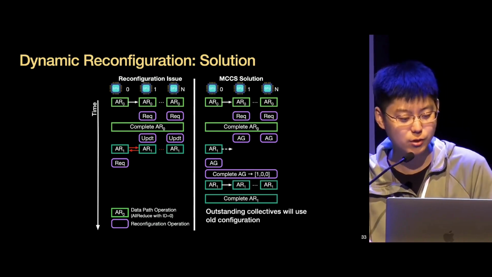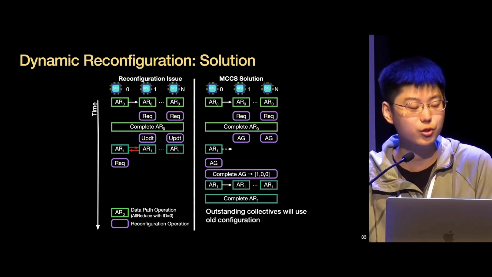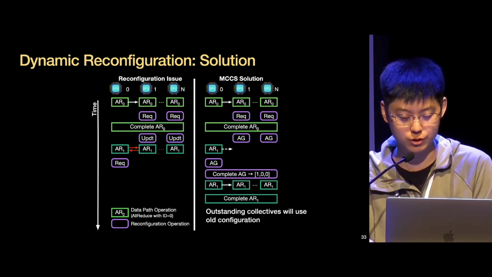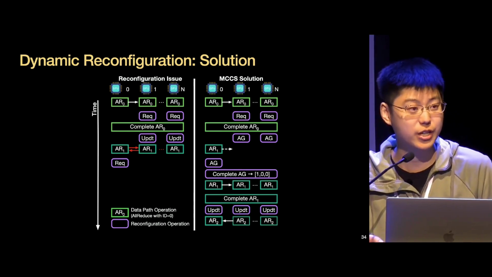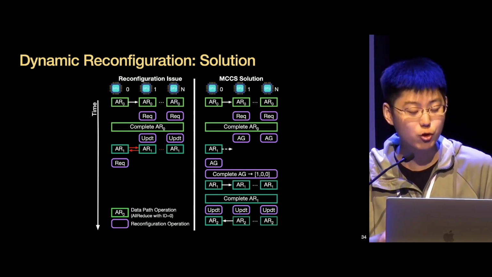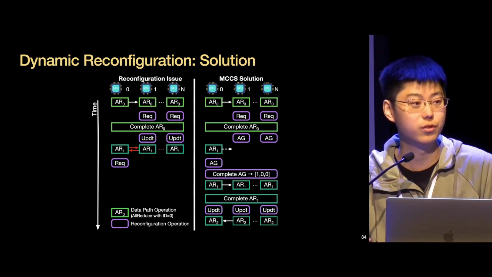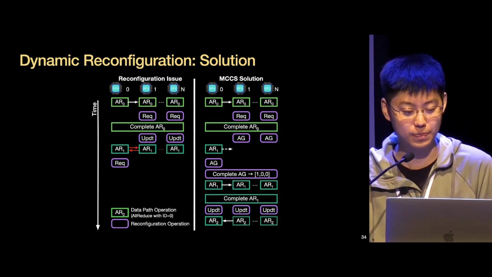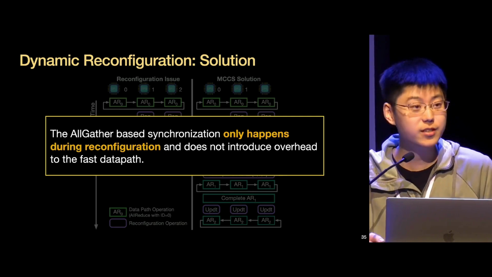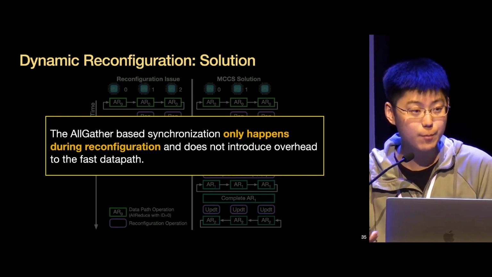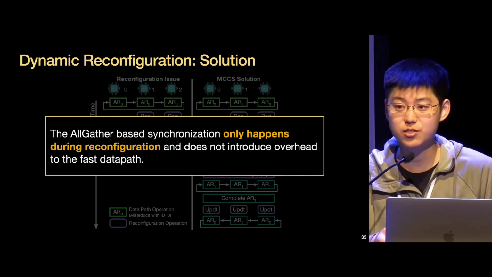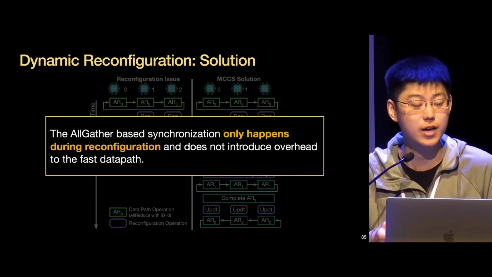If they're not in sync, we just still use the old ring for future allreduces. Only after all the outstanding collective communication is complete, everybody updates to the new ring, so the reconfiguration is done. The key takeaway here is that the all-gather-based synchronization only happens during reconfiguration and does not introduce any overhead to the fast data path.